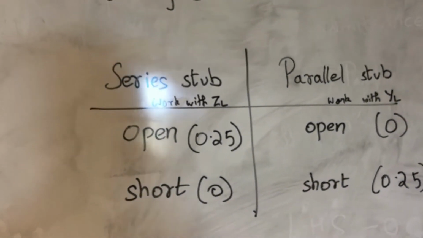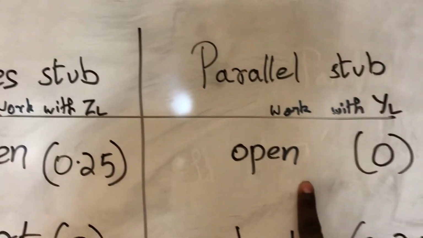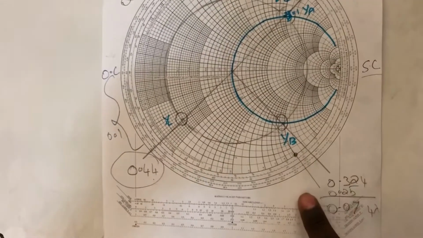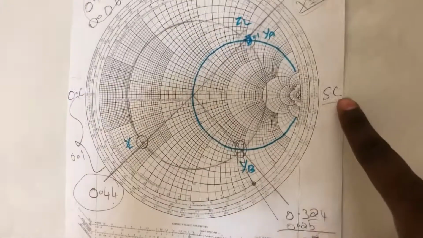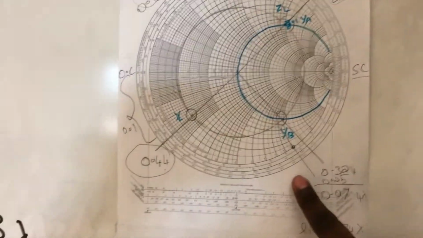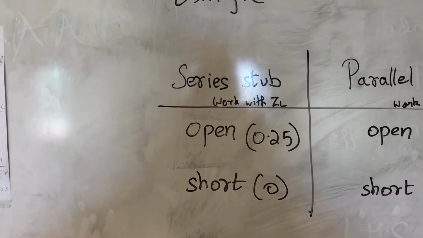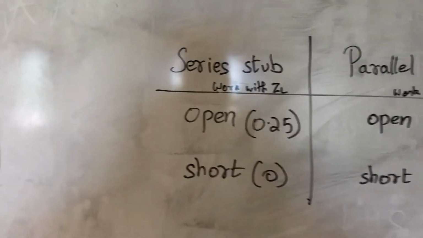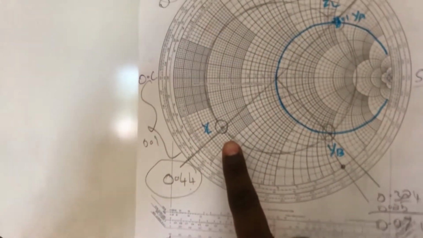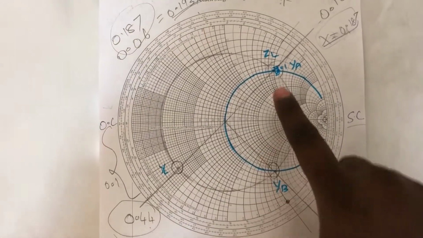Now this is for this example, which is a parallel short stub, and the same way we can calculate it easily for a parallel open stub. All you need to do is see, we have cancelled it out and brought it to short circuit, and for open we have to go towards the open circuit. That's the only difference we have to make for parallel open. And for the series stub, we have to work with ZL instead of YL. So instead of calculating the distance from here, we'll be calculating the distance from here, and initially we have to change this one.